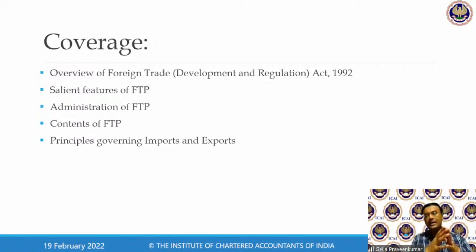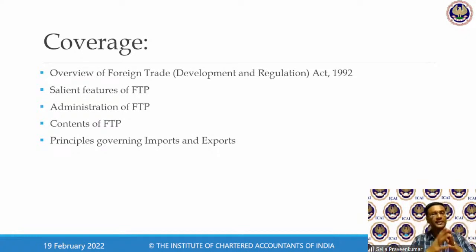Simple example: export of rice, export of wheat, export of onion. Is it free? It is regulated. It is controlled. It is restricted. Export of electronic gadgets, laptops or any other items, it is free. That means they don't restrict. Export of arms and ammunition is prohibited. Import of arms and ammunition is prohibited.